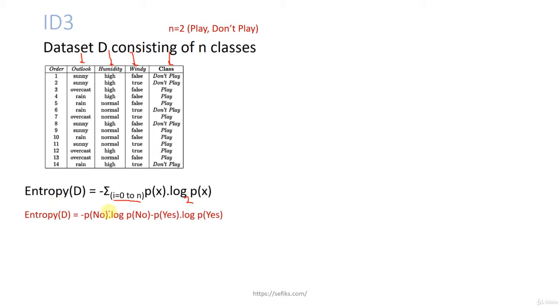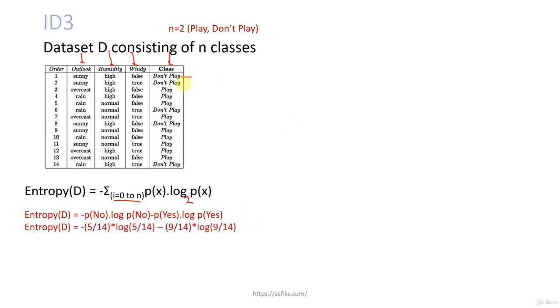Again, no and yes are classes for the decision column, or don't play and play in this table. You might think they are the same. Firstly, I'm going to calculate the probability of no in this table times the logarithm of this probability, minus probability of yes times logarithm of probability of yes.